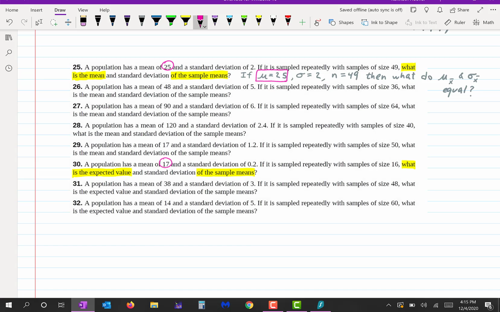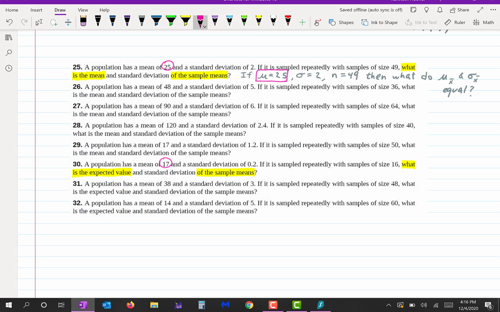So therefore, when you're asked what does mu x bar equal, you write down whatever number mu is. Okay? And if you were actually a statistician doing this, you can ensure that mu x bar will be very, very close to mu by taking big sample sizes and taking many, many samples.